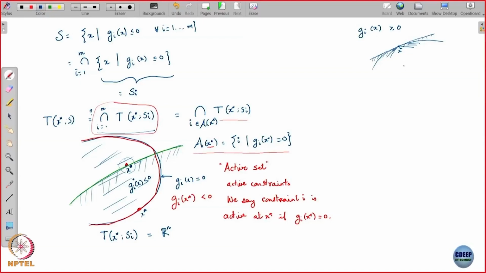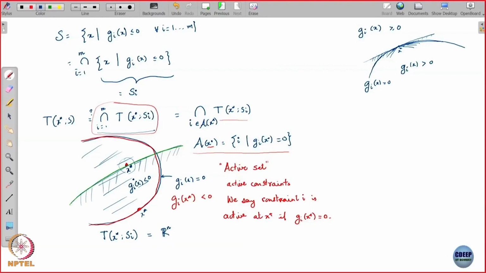Because I have written it as greater than or equal to, this region is g_i(x) strictly positive, and this boundary is g_i(x) equals 0. So, what I want to do is to get to this tangent. Geometrically this is actually correct.